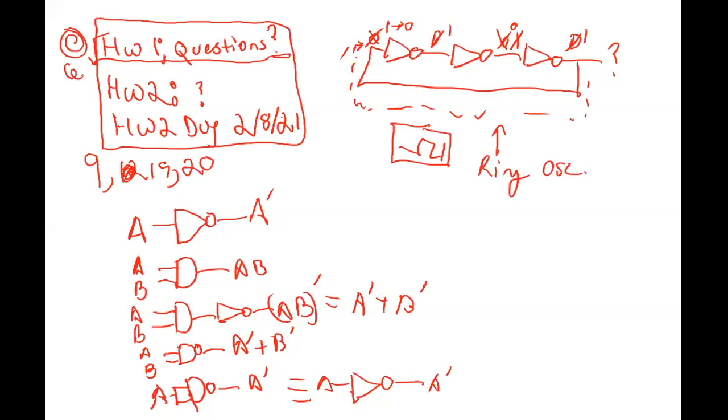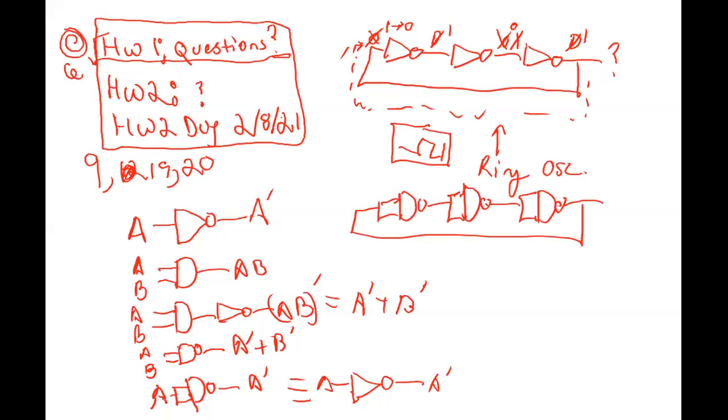And so if you have 3 NAND gates, it's the same thing. It's equivalent to 3 inverters, and that is also a ring oscillator. So you can use either.